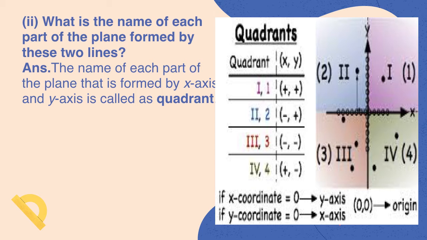Then we move to quadrant number 3 where the values of x and y both are negative. Then again we move towards the fourth quadrant. Over here the value of x is positive but y is negative. We have labeled these quadrants in an anti-clockwise direction. Keep that in mind.